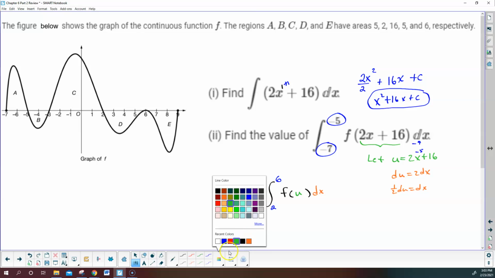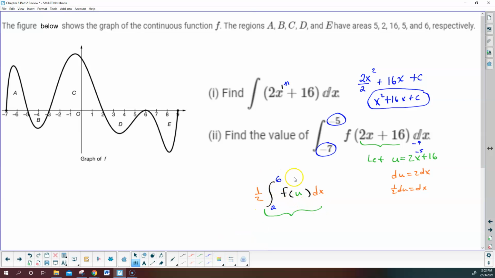And now we have to really understand, what is this asking? How do I take the antiderivative of f if I don't know what it is? That's where we understand the meaning of this. From 2 to 6, I want the area under the curve. So from 2 to 6, this whole area is negative, and it's D. So 1, 2, 3, 4. 1, 2, 3, 4.